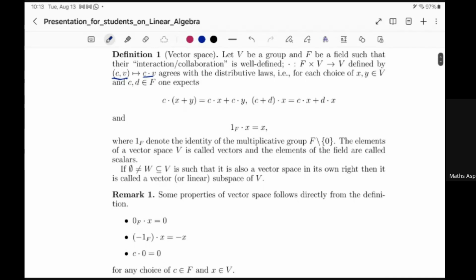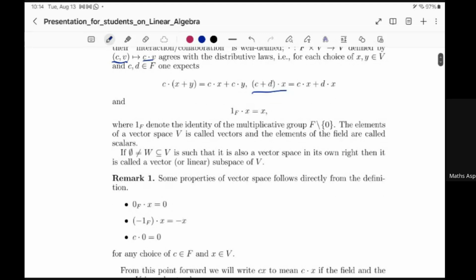So as I was saying, the mingling part, C dot (X plus Y), is going to distribute very nicely, exactly the way we want it to. And the same goes for summing up the scalars and then doing the dot with some vector X. That also distributes properly.